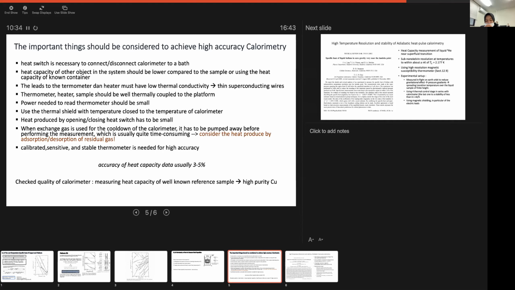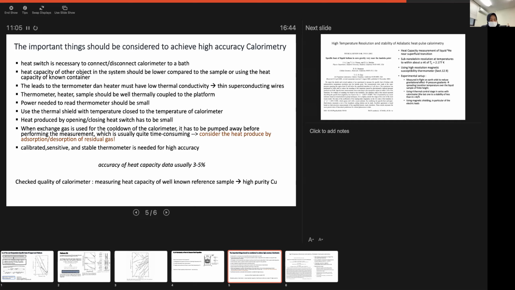Yes, because they should be at the same temperature. The power needed to read the thermometer should be small to reduce the heat from the measurement. Another thing to consider is using a thermal shield with a temperature close to the temperature of the calorimeter.